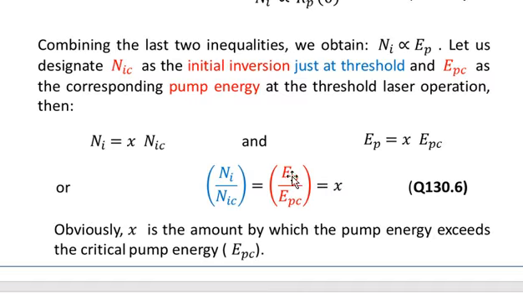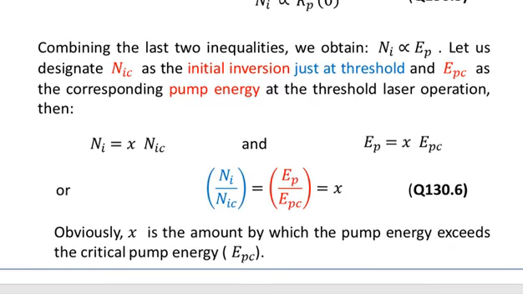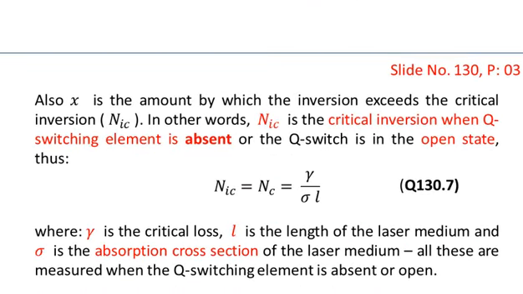Similarly, now I am going to explain the meaning of Ni over NIC equal to X. Also, X is the amount by which the maximum value of the inversion exceeds the critical inversion NIC.